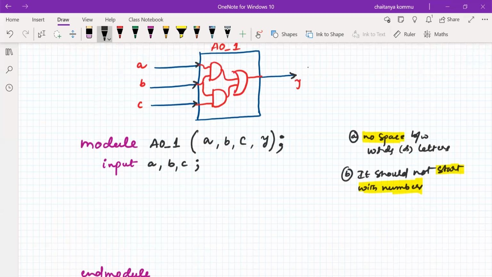We have small a here. We should not write capital A here. If you write like this, small a and capital A are both different. Since it is case sensitive, it is not matched. Therefore, it is an undefined variable, and it shows an error. Whatever description we have done in the external view, the same way we have to write.